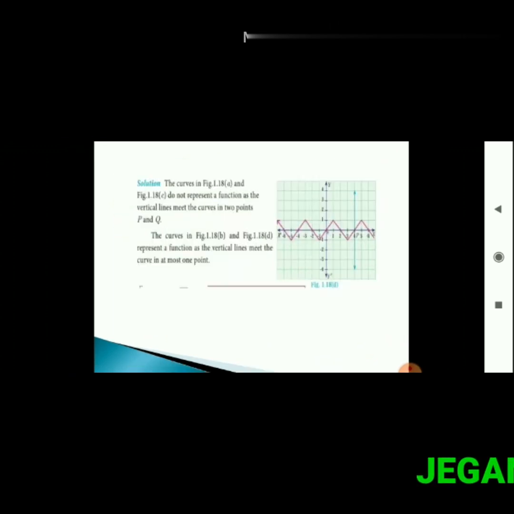In the second picture, we draw the vertical line. That line meets the curve at one point, that is P. In the third picture, we draw the vertical line. The line meets the curve at 2 points, P, Q. In the fourth picture, we draw the vertical line.